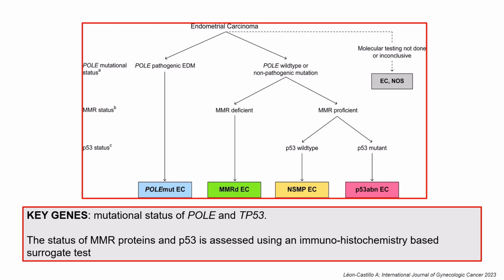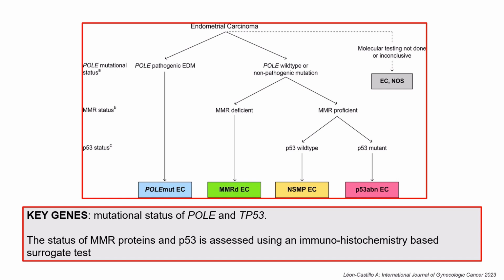The assessment of the mutational status of POLE and TP53, along with the status of DNA mismatch repair proteins, is typically performed using immunohistochemistry as a surrogate test in clinical practice. And in this case, we can analyze the MMR proteins, so we can also identify the MMR deficiency, which is characterized by the absence of MMR proteins MLH1, MLH2, MSH6 and PMS2.